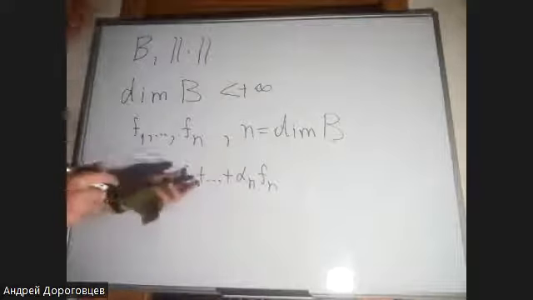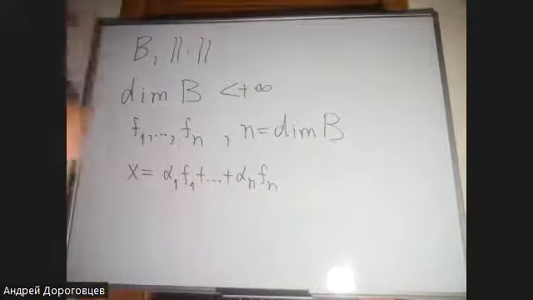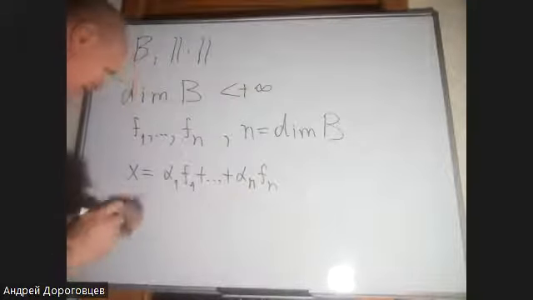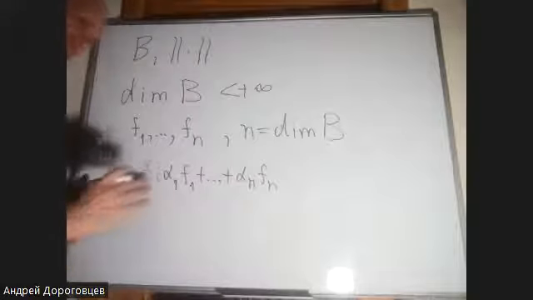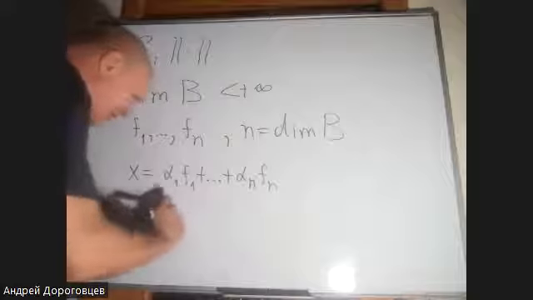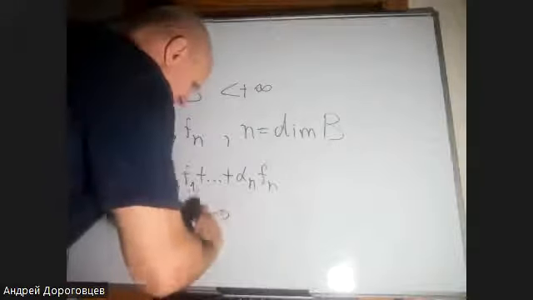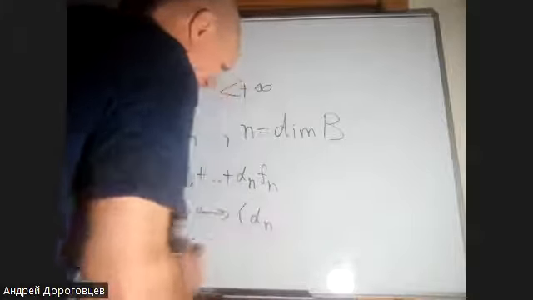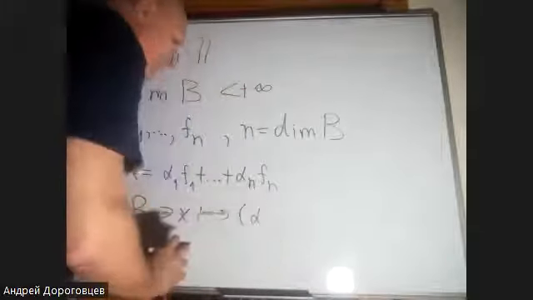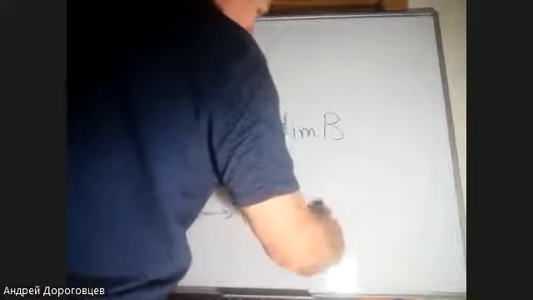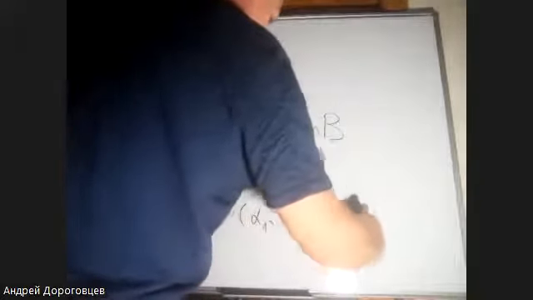and using such identification, one can try to define some correspondence between B, here we have x, and these sequences alpha 1, ..., alpha n from Rn.